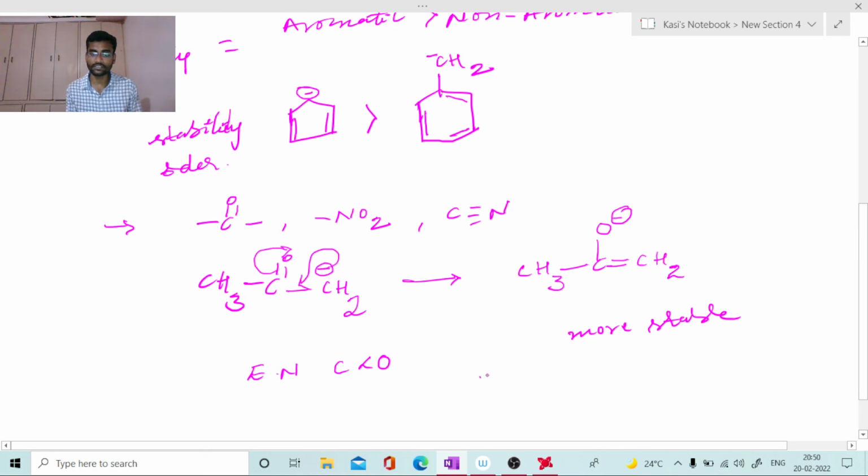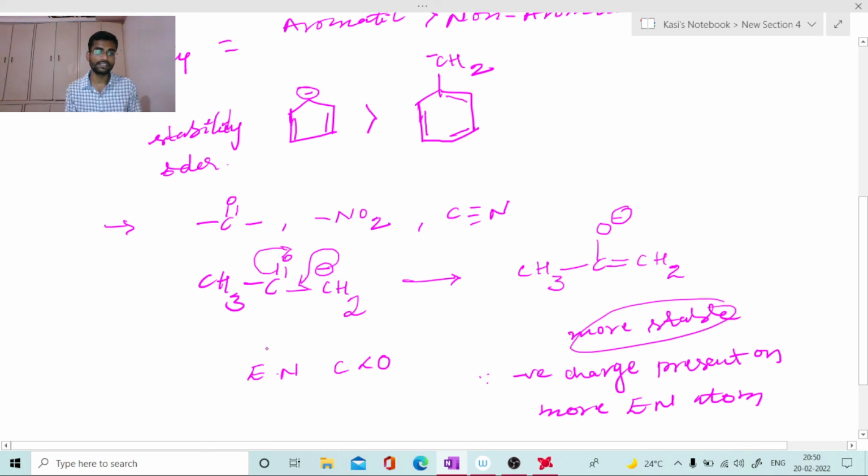What is the reason? The negative charge is present on the more electronegative atom. So that is the reason it is more stable, and the other is less stable.